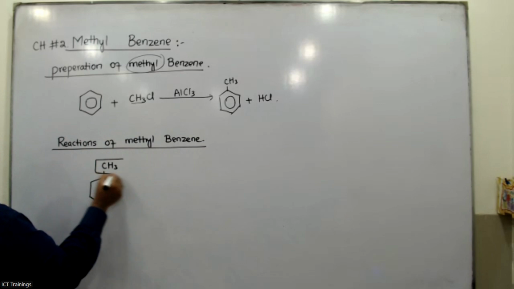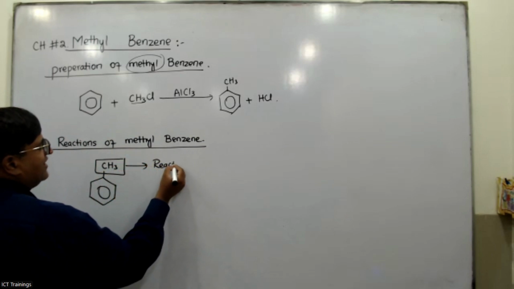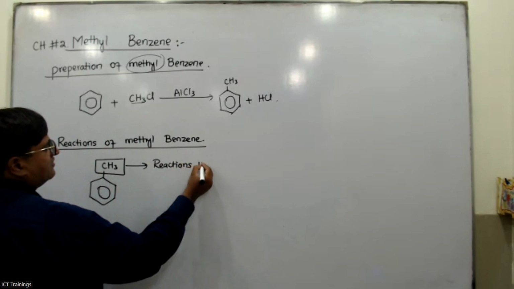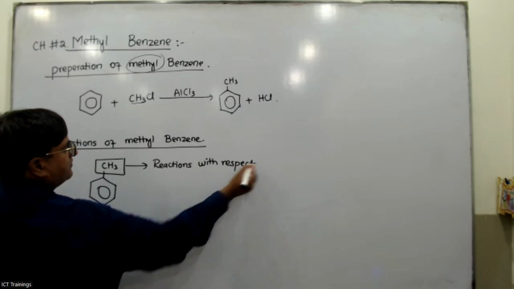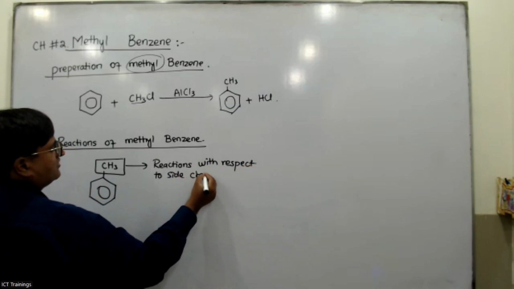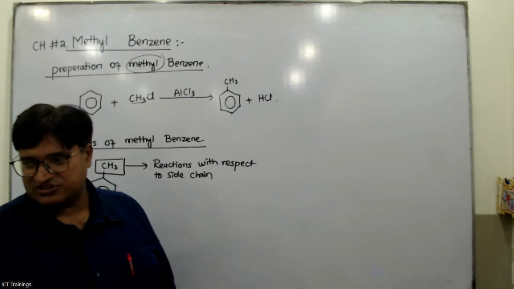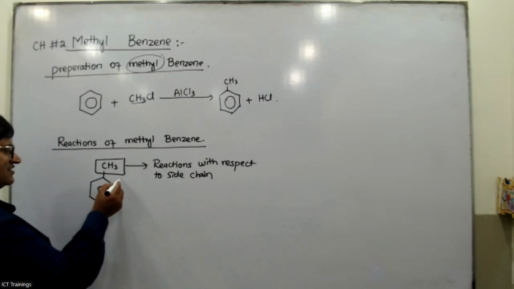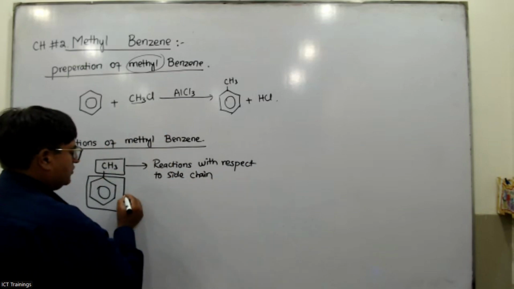The methyl group is actually the side chain, so the reactions with respect to the side chain are different. The side chain is the alkyl group, and it has its own reactions. Whereas this is the benzene group, and the benzene group has different reactions, like benzene alone.